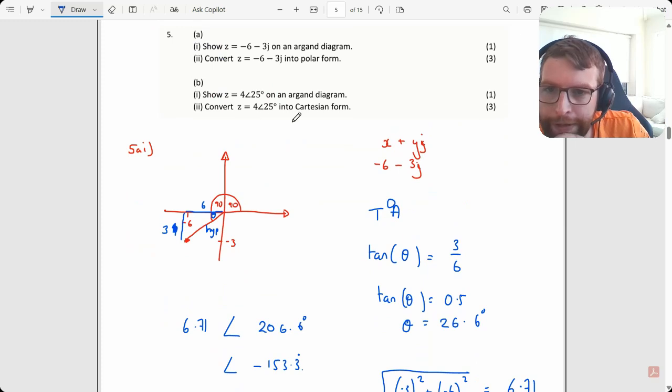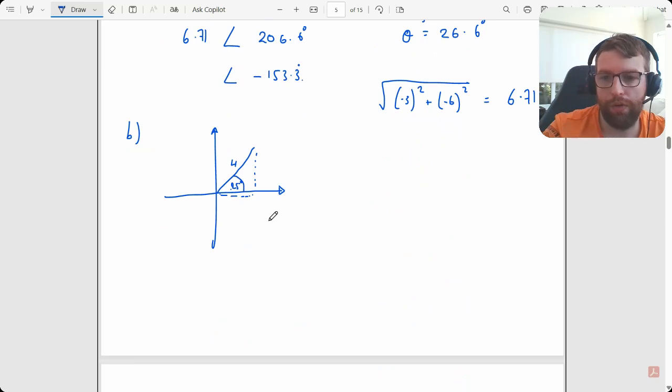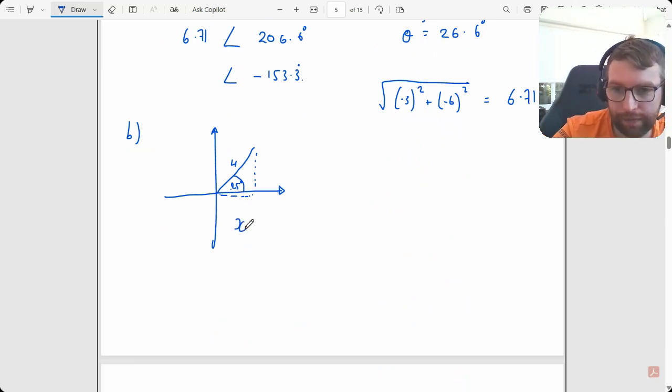25 degrees and a 4 there, and then convert it into Cartesian form, which is this form here. So we need some j's in there. So for the x, if you want to memorize it, x is just 4 cos 25.